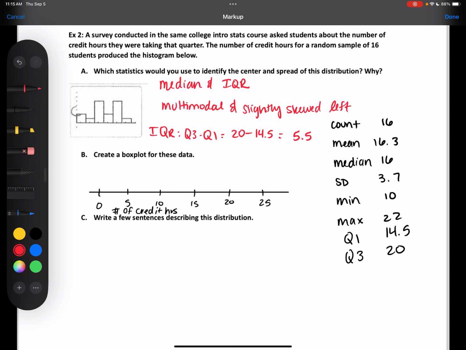When I do these, I will always do my lines for my Q1, Q3, and median. So Q1 is at 14.5. And a lot of times I'll write above it what it is just for reference. Median is at 16.